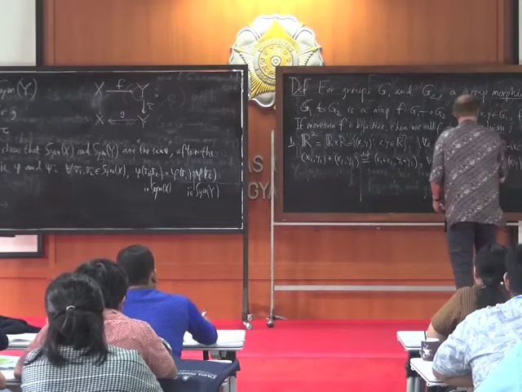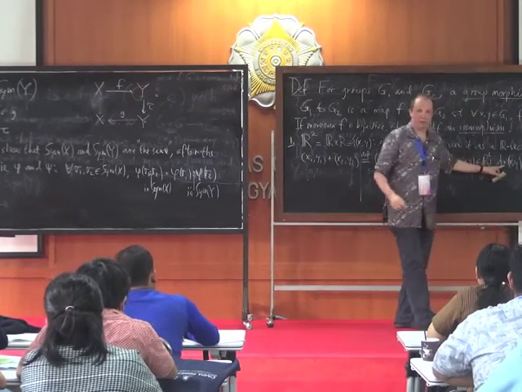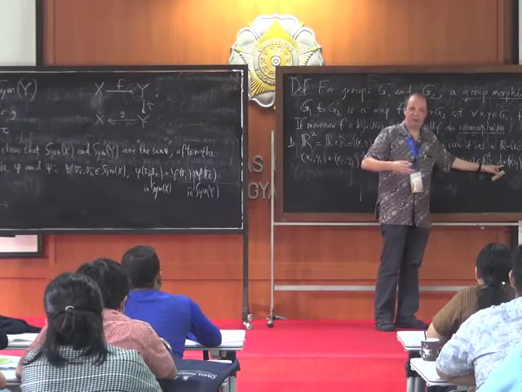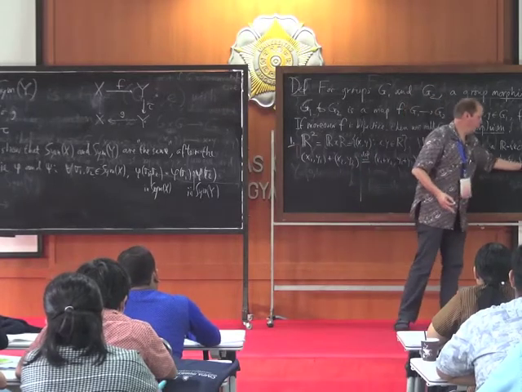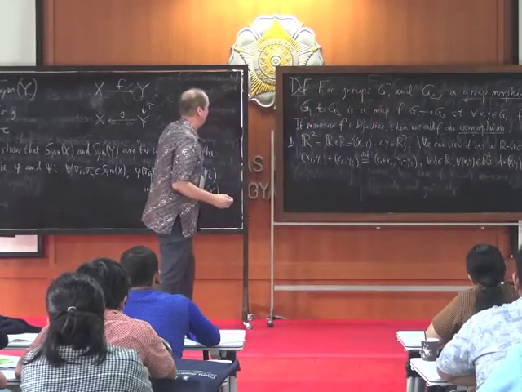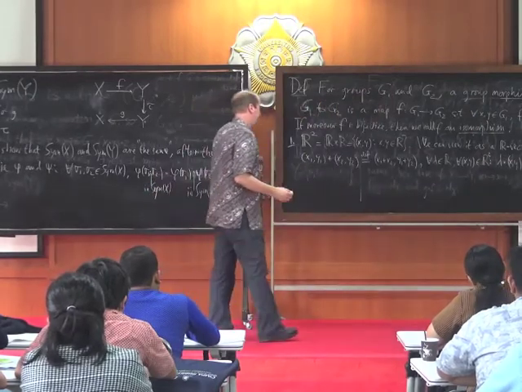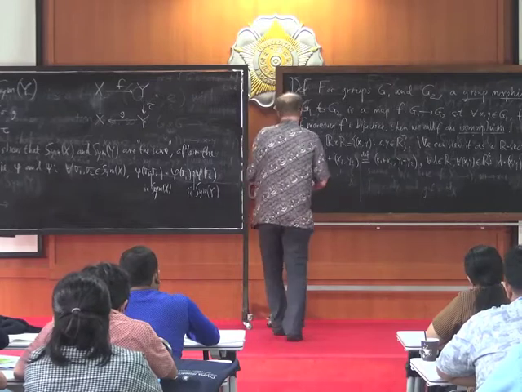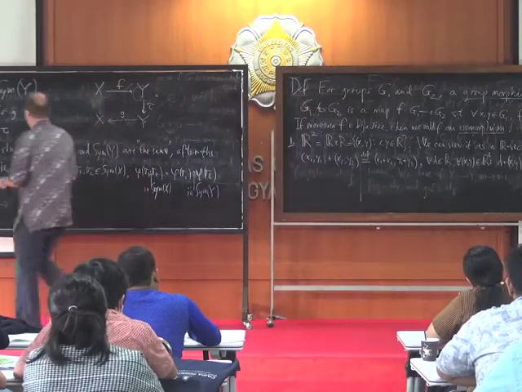This is the scalar multiplication on your vector space, and this is the multiplication of real numbers, right? So maybe a good example of a group.